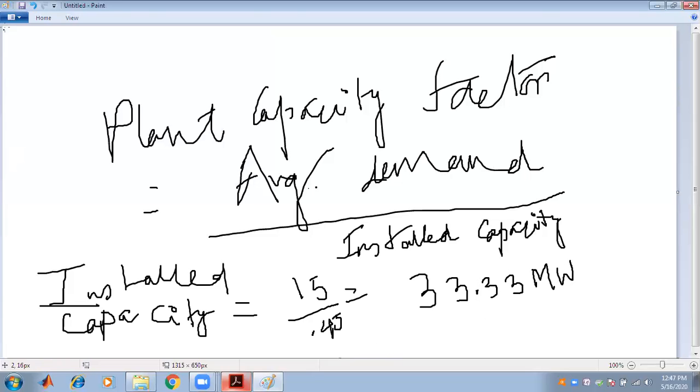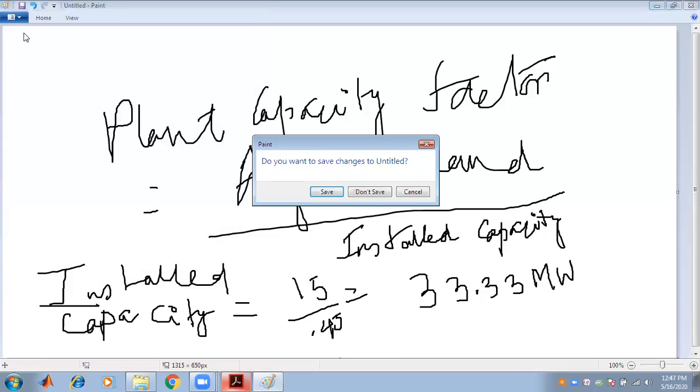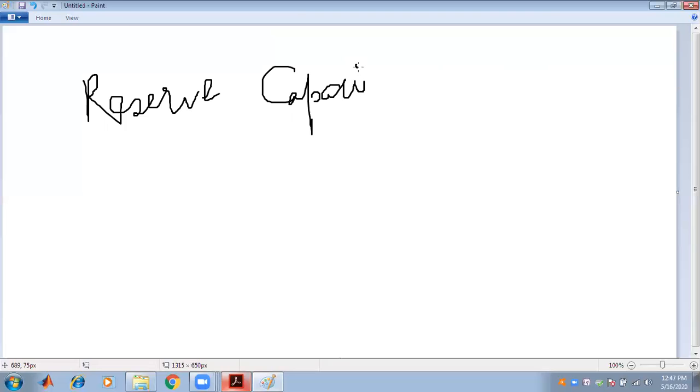So now it is given the reserve capacity. We have to find the reserve capacity of the plant. In order to find the reserve capacity of the plant, it is the plant installed capacity, 33.33, minus the plant maximum demand, that is 25.